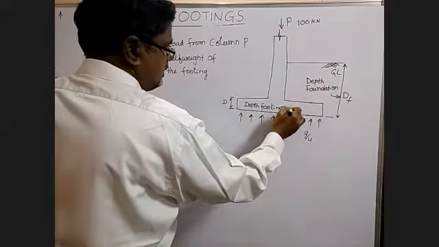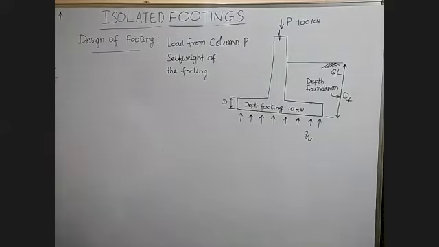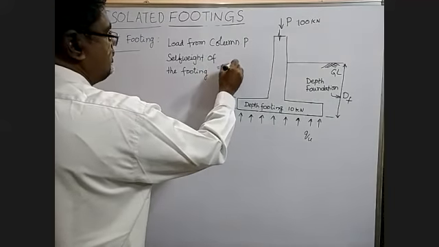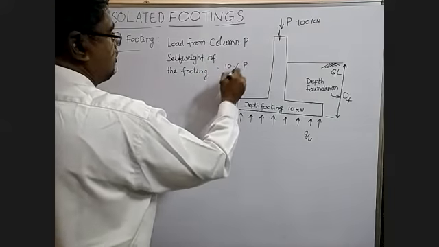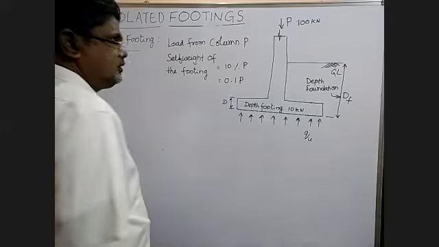That means 10 kilonewtons is the self weight of this footing. So for the design of the footing, we add 10% of P, that is 0.1 P.